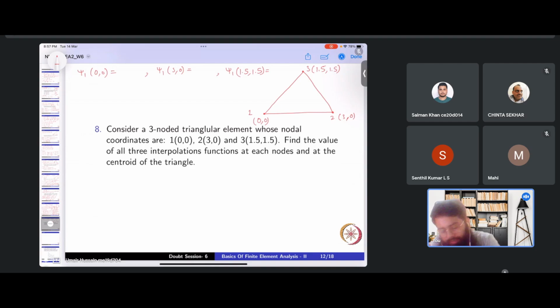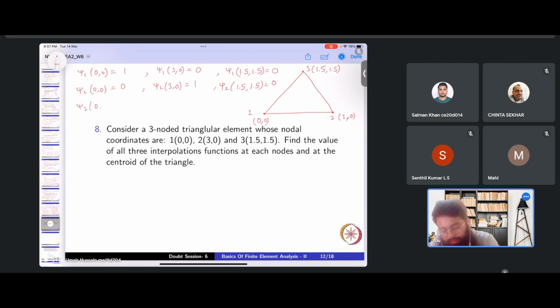Please go ahead and answer this. 1, yes, 1. And value of psi 2 at 0, 0 would be again 0. And value of psi 2 at 3, 0 would be 1. Value of psi 2 at 1.5, 1.5 would be 0.